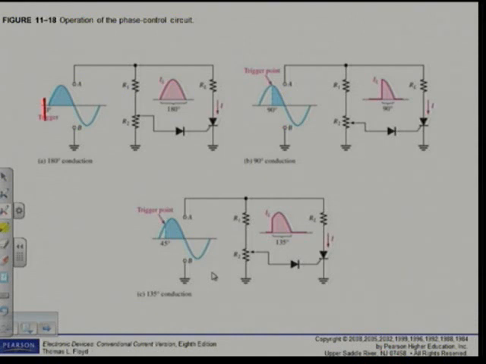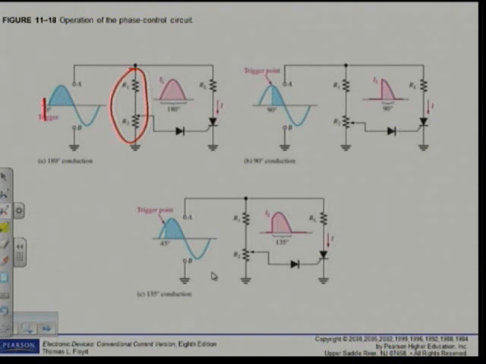You can see here we've got a voltage divider. R1 and R2 form a voltage divider with a variable resistance connected to the gate of the SCR. You can see we're at the top position there. That means it is going to trigger at about 0 degrees. That is going to work exactly the same as a normal diode, because a diode, if you go higher than 0.7 volts, will go into conduction.